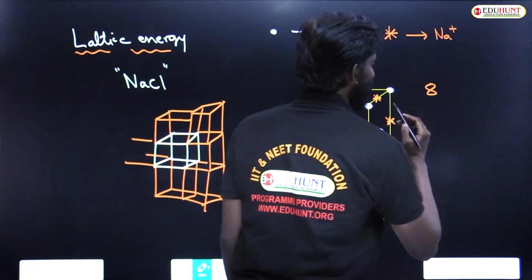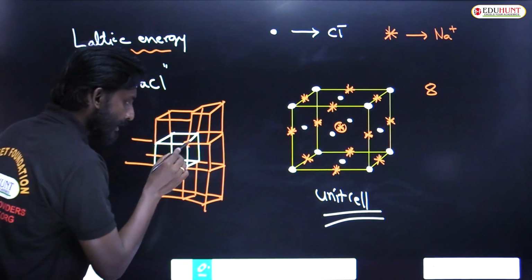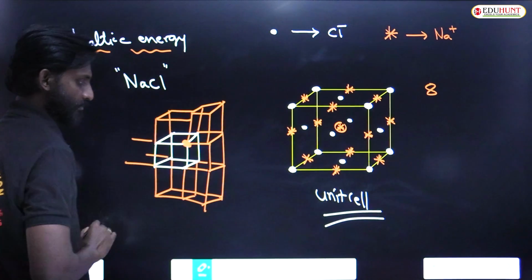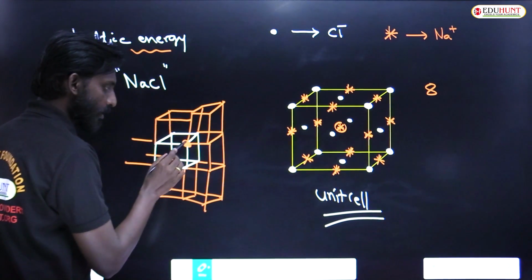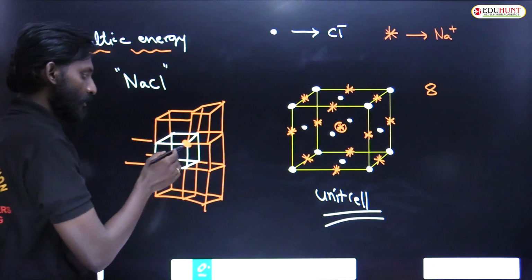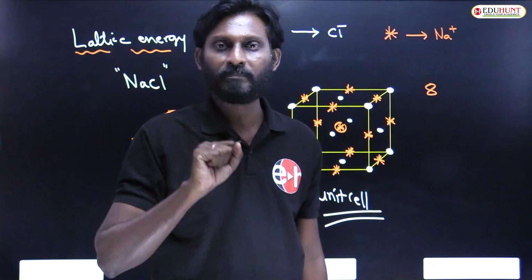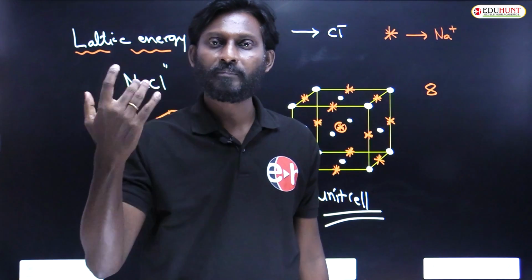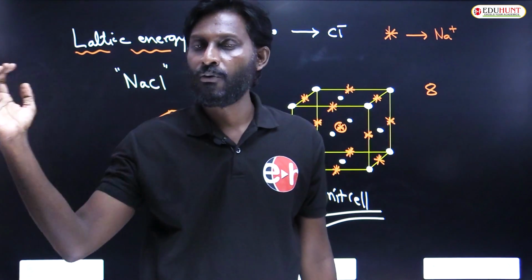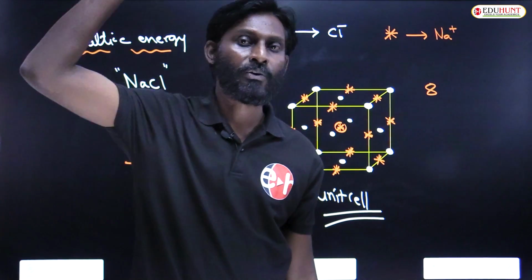There are 8 corners. Imagine carefully. The Na+ present at the corner is shared by 8 unit cells. Say the corner is common to 8 unit cells. Imagine your room. Imagine there are 4 rooms on the floor you are present on, and on the top floor there are 4 rooms.